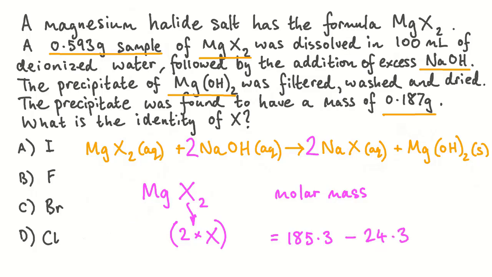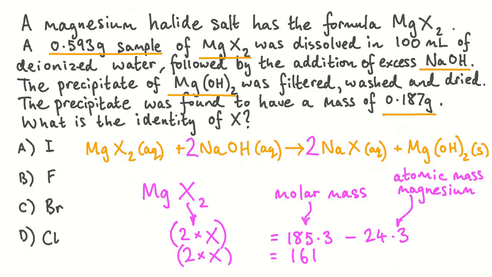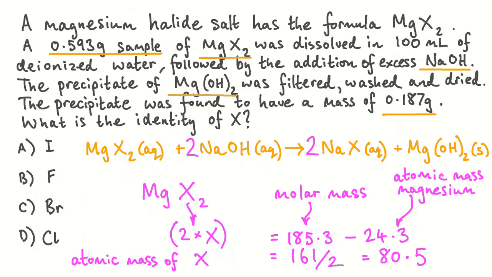By subtracting the atomic mass for magnesium from the molar mass of the magnesium halide salt, we have the mass of twice the halogen present. Twice the atomic mass of the halogen present equates to 161. The atomic mass of the halogen X is therefore 161 divided by 2, which equals 80.5.